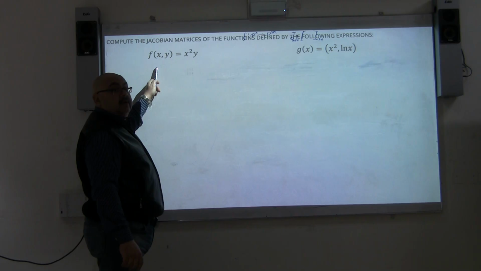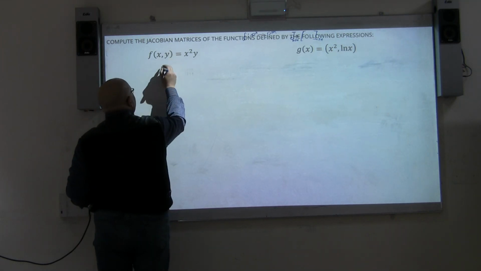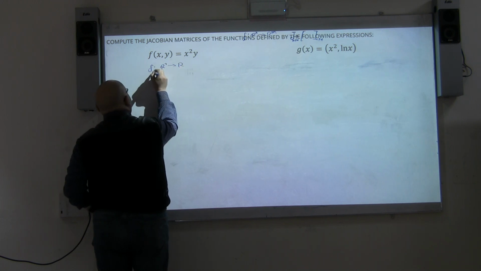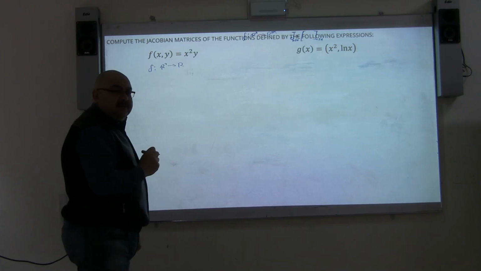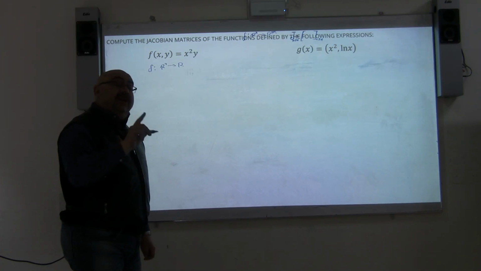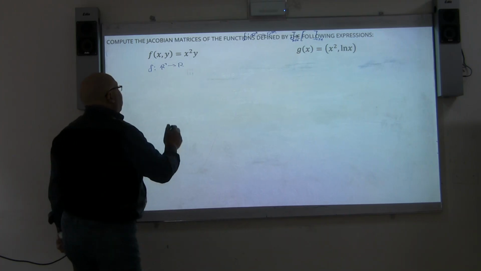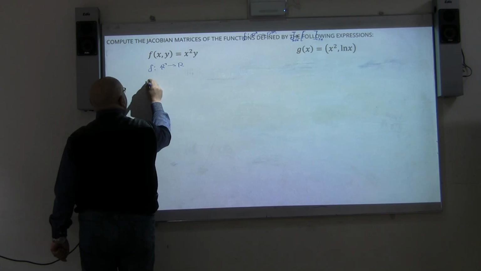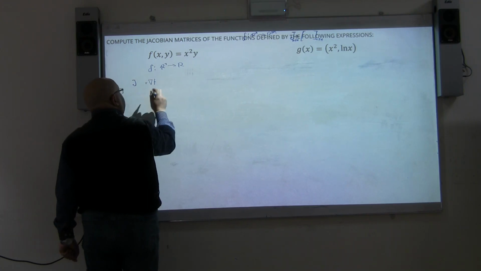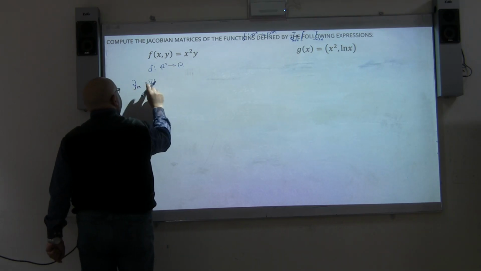It's gradient. Why? Because it's only x, it's R2 into R, so this is a function in several variables. Am I right? So we can use the gradient. Also, the gradient is a special case of the Jacobian. Look, Omar, the dimension: if I want to get the gradient of f, or the Jacobian in this case, it will be 1 times 2, which is the gradient.